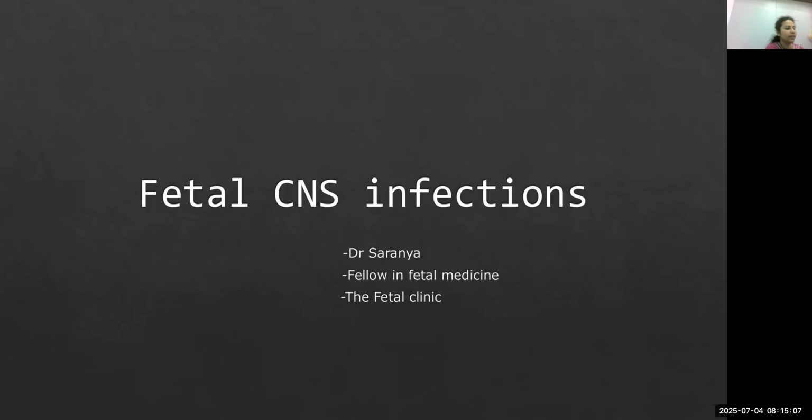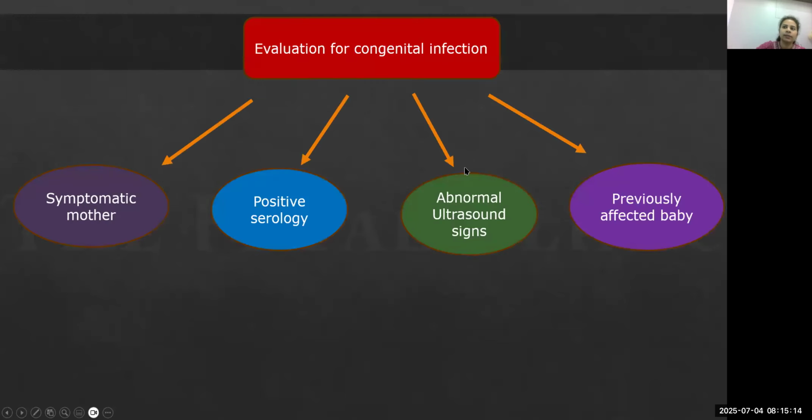So we'll discuss today a few CNS infections and their manifestations in the fetus. When do we get a trigger for evaluation of a congenital infection? There can be 4 scenarios with a patient presenting to us. It can either be a symptomatic mother, or a mother tested for an infection where a positive serology has turned up on investigations.